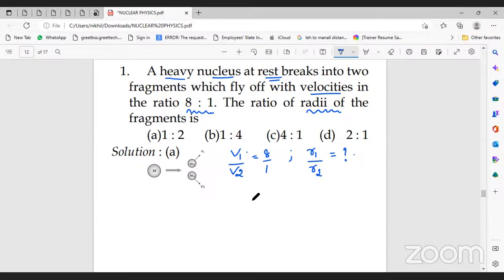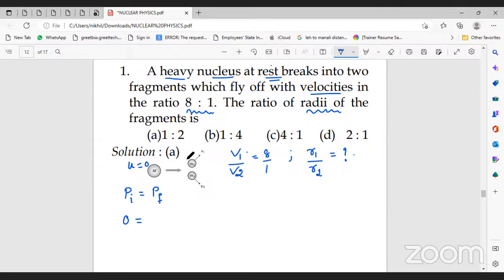Now you know that whenever the nucleus is going to break into two parts, according to the conservation of momentum, initial momentum is equal to the final momentum. Since the mass is initially at rest, the initial velocity will be 0, so the initial momentum must be 0.